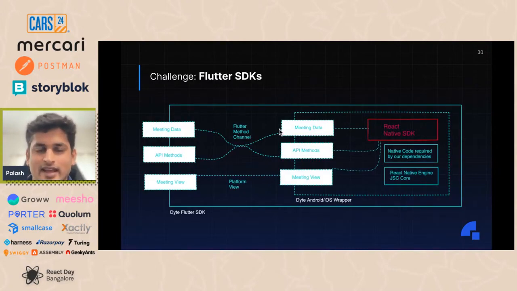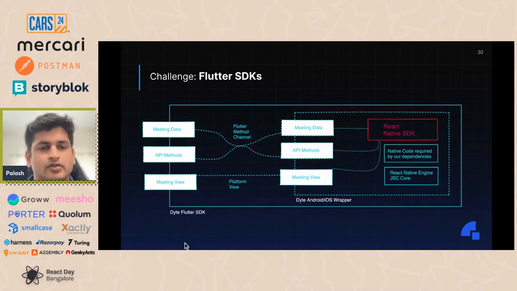So the inner box is our Android and iOS wrappers. If you understand how Flutter works, Flutter gives you two primitives: platform views and method channels.